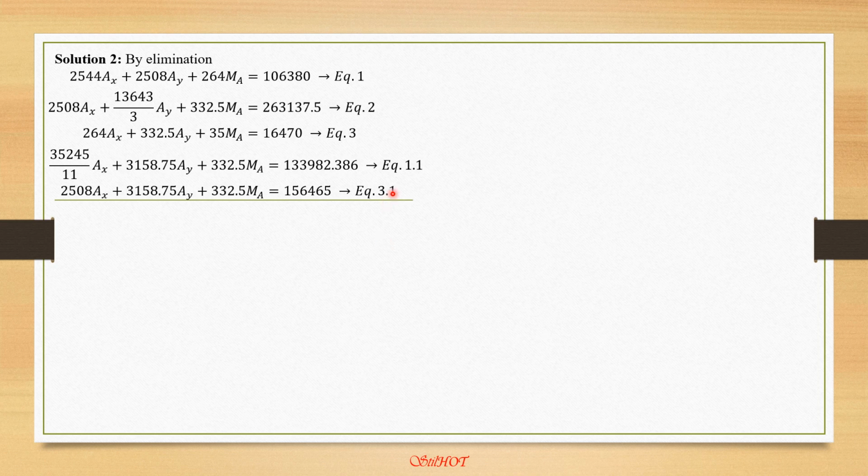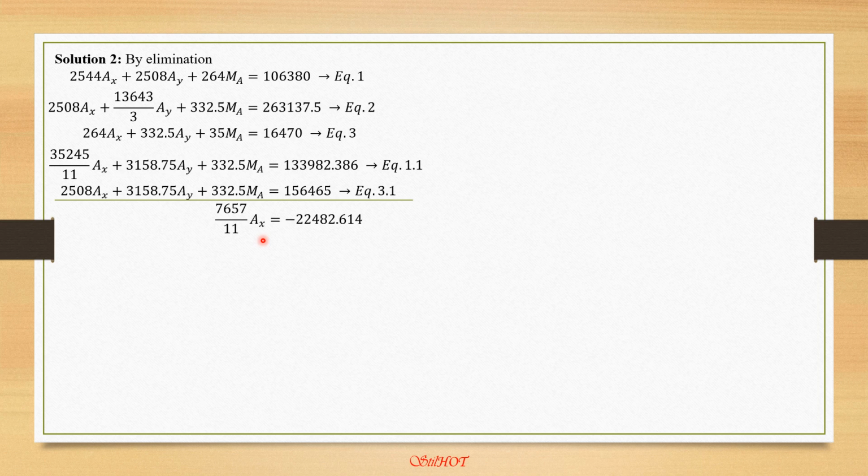So by subtracting equation 3.1 from equation 1.1, 35245 over 11 minus 2508 is 7657 over 11 AX. Then we can eliminate, by the way, AY and MA simultaneously. So luckily we can eliminate these two terms.